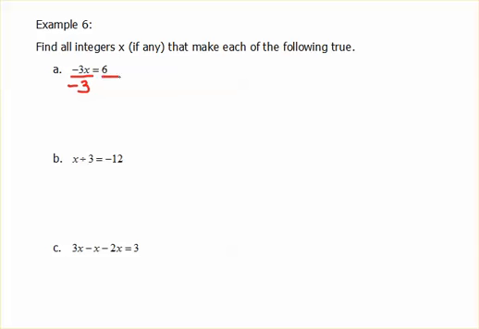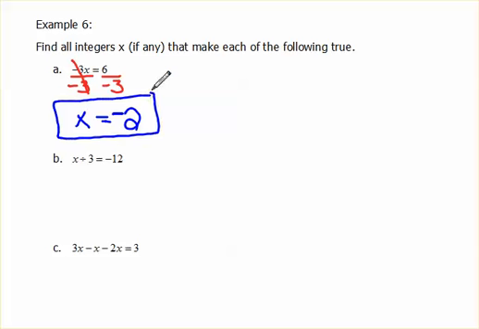Now, if we do it to one side, we have to do it to the other side to maintain balance. So negative 3 divided by negative 3 is 1. So we'll end up with x equals 6 divided by 3 is 2. And because the signs are different, our answer would be negative. So our answer is x equals negative 2.